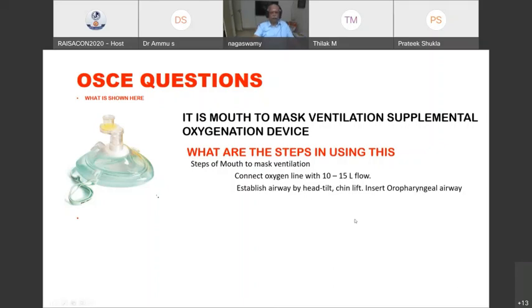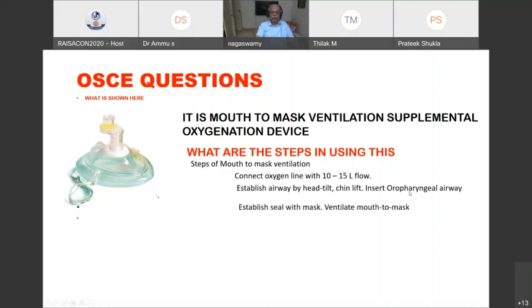You should make sure that there is no cervical spine injury. Don't do a violent head tilt. A chin lift is okay, but with head tilt you should be very, very careful. Always rule out the possibility of a cervical spine injury, and then do this. And you can achieve this with the jaw thrust also, if you don't have an oropharyngeal airway.